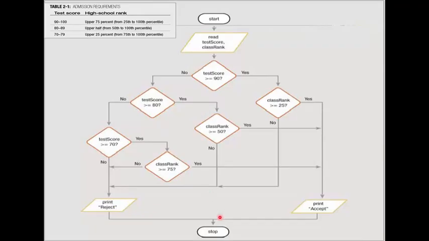This is another example. This logic is very simple. On the basis of test score, we have to rank the schools. If the score is between 90 and 100, then this rank should be given. It's a simple if-else structure. But if you look over here, it's very hard to understand what's happening. Okay.